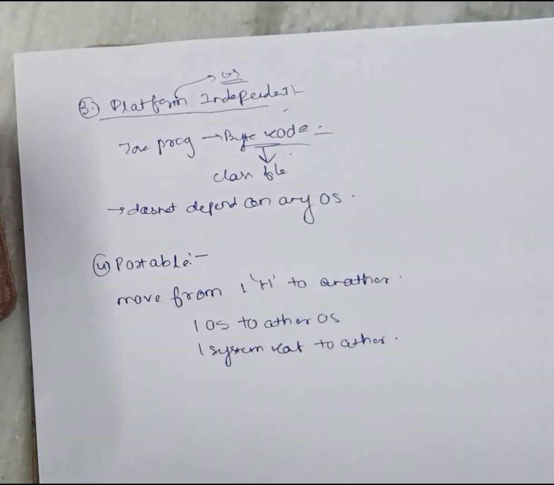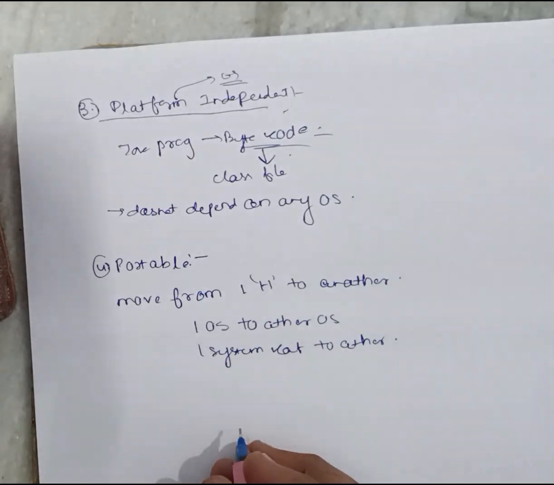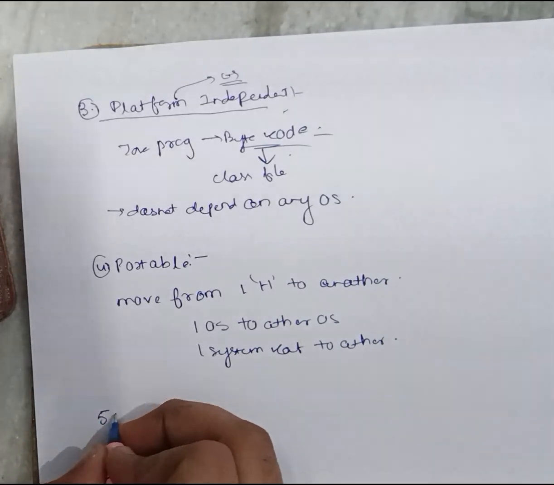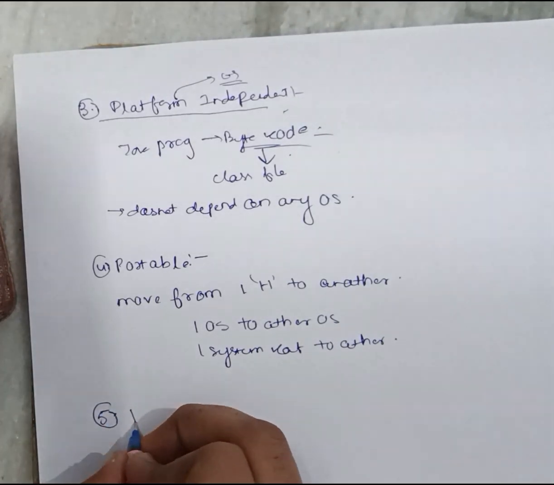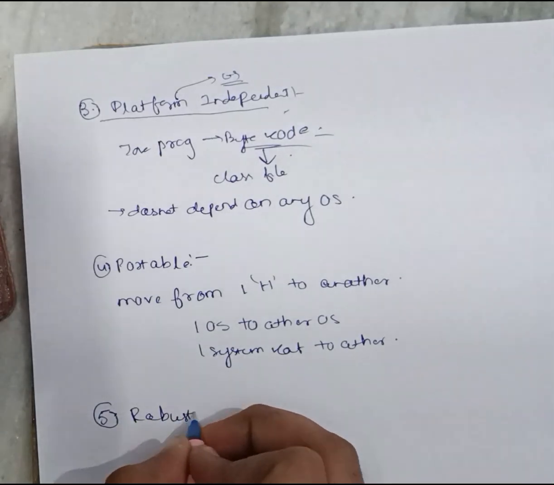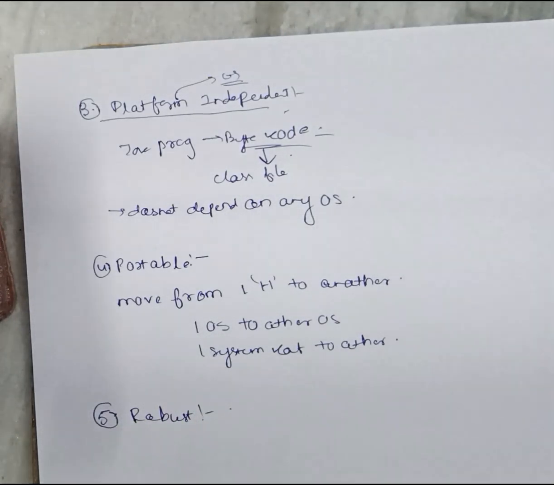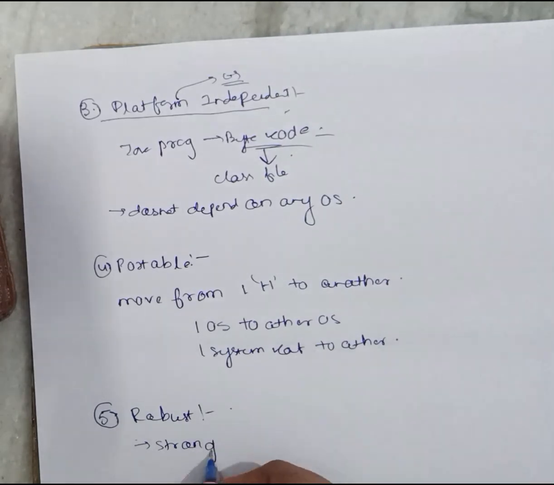Okay, so next one, that is the fifth one, robust. Let's understand what is robust, and why Java is known as a robust programming language. Robust means strong.